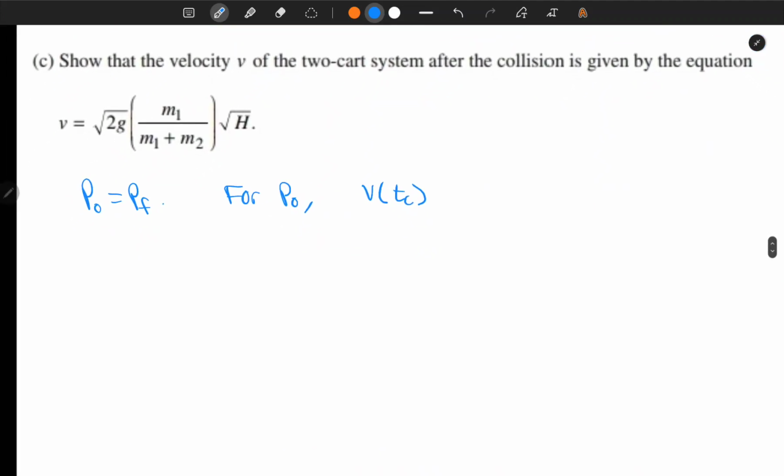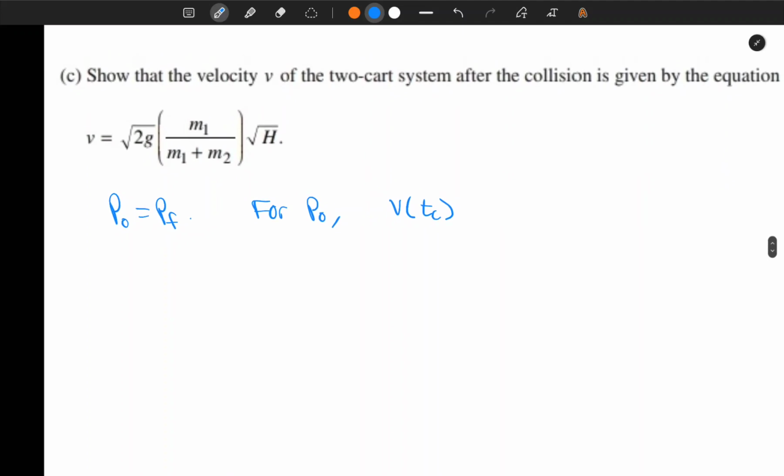Using conservation of energy, the energy at the top of the ramp, which is mgh, is converted entirely into kinetic energy at the bottom of the ramp. So at the top we have gravitational potential energy, mgh, and at the bottom we have kinetic energy, and that's equal to 1/2 m v squared, where v is evaluated at tC.